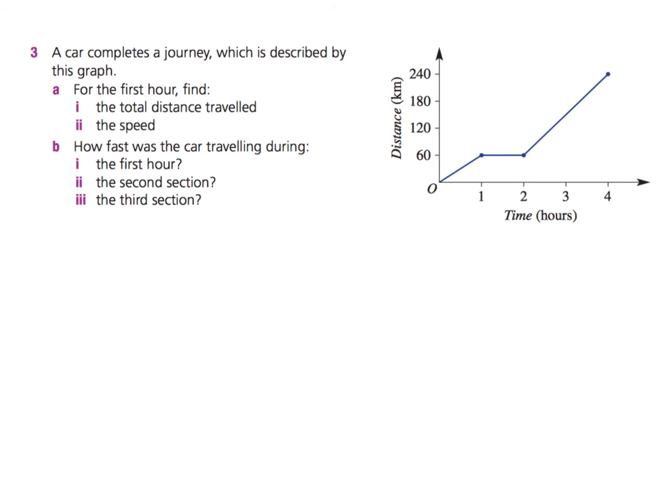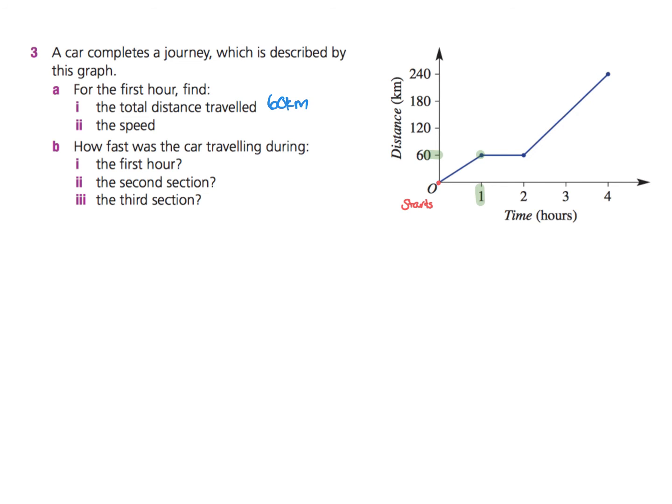For the first hour, find the total distance travelled. All we have to do is read off the graph. After 1 hour, it's made it up to 60 kilometres. So the total is 60 kilometres.